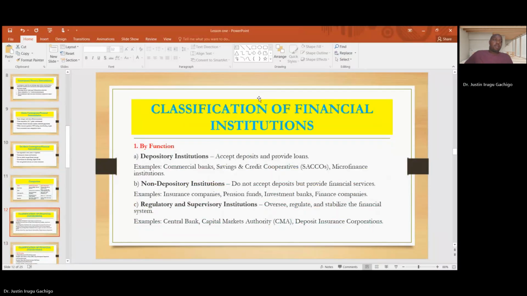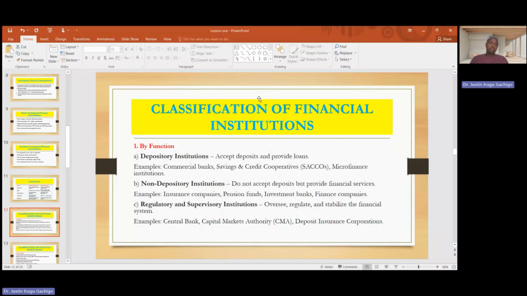Now, so far so good. Let us now look at the classification of financial institution. So financial institution can be classified into 4 major groups. So we are going to start with the first one by the function.